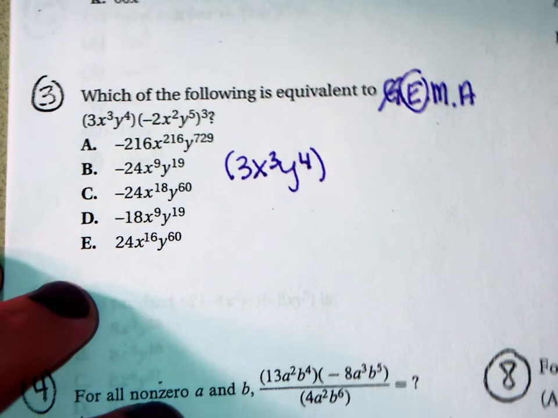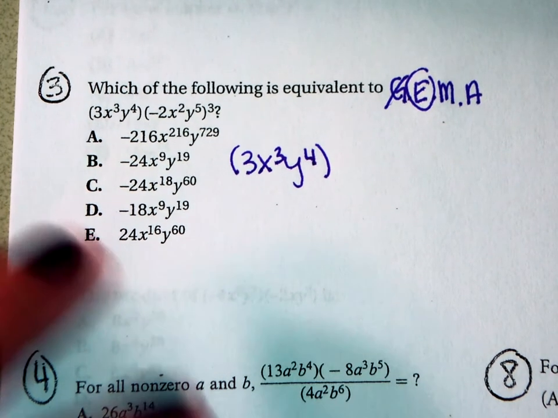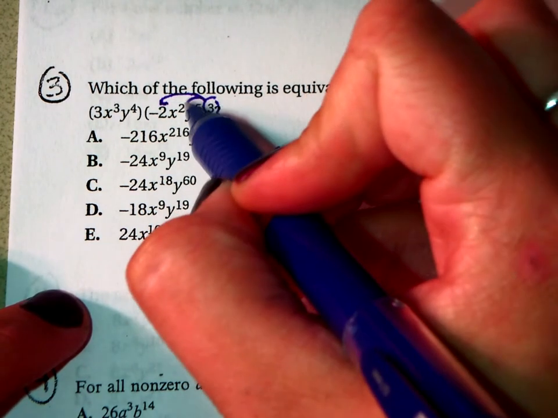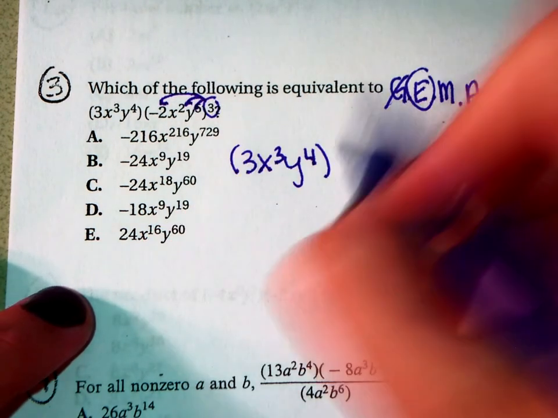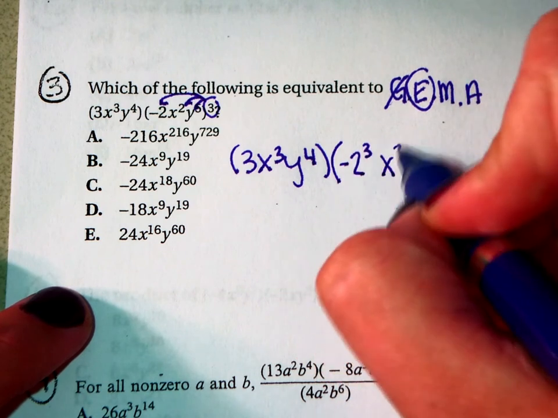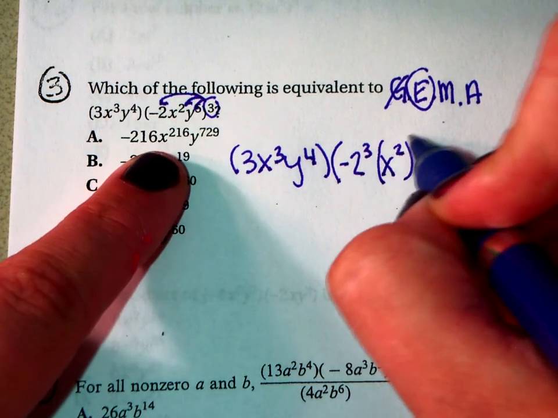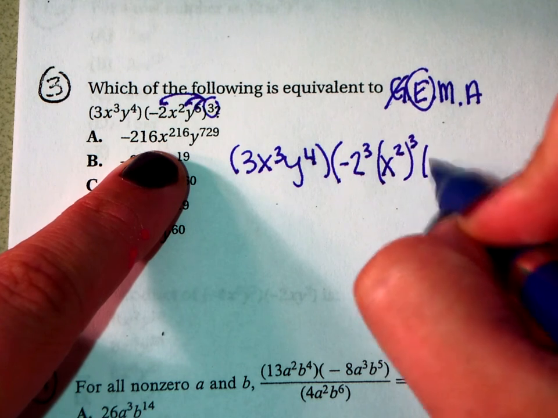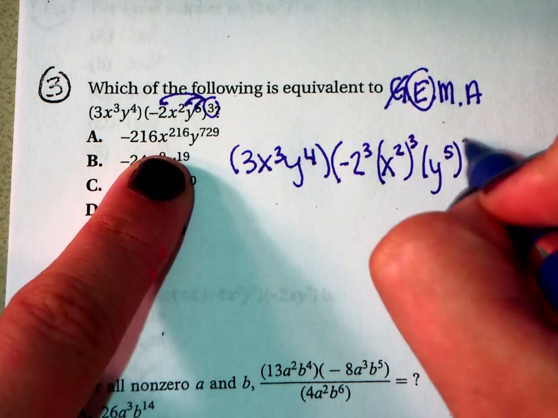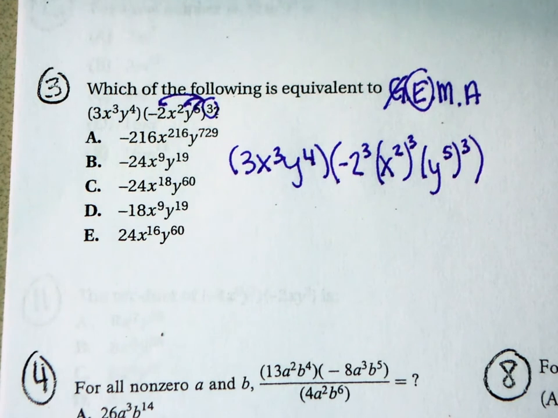But the second one, I have that cubed outside. I can distribute the cubed to everything. And what that's going to look like is negative 2 to the 3, x squared to the 3, and y to the 5th raised to the 3. Okay? I can do power to a power rule.